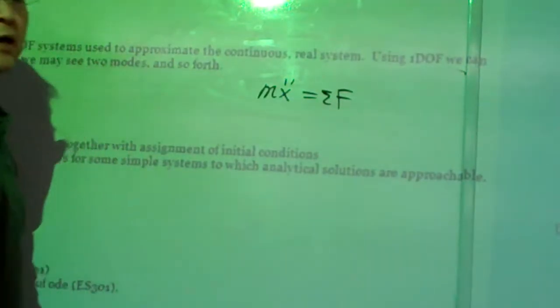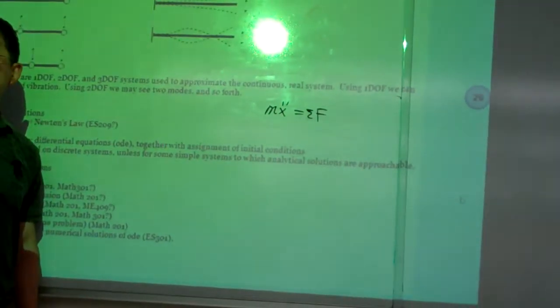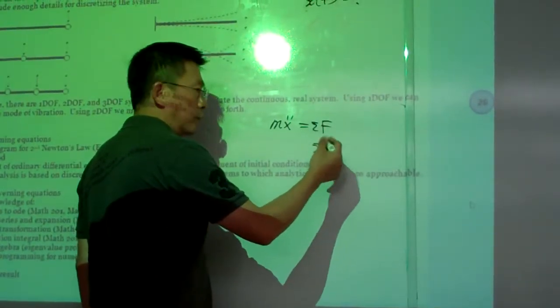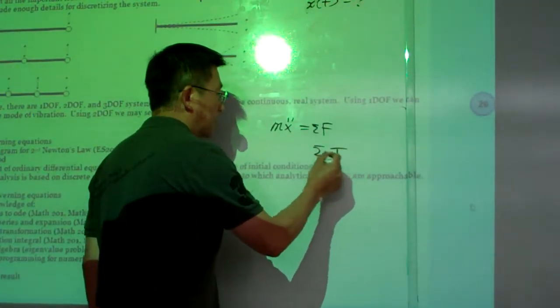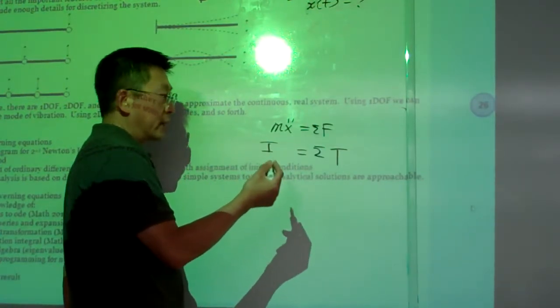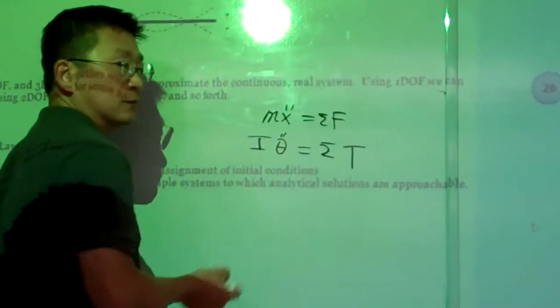Also, we're going to deal with rotational degrees of freedom. So sometimes the total torque will be equal to I, whatever symbol you use, times theta double dot, right?